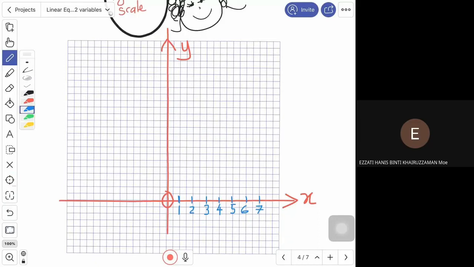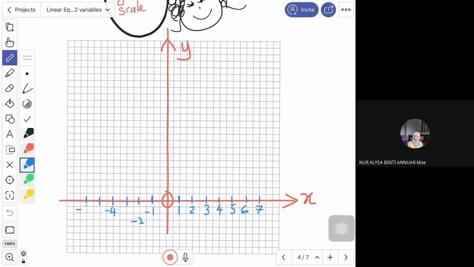So every 2 grids is 1, -1. Here -2. This is -3. -4 here. -5, -6. Understand or not?